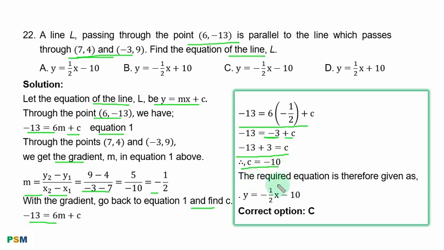The required equation is therefore given as y equal to, the gradient is minus 1 over 2, times x minus the intercept on the y-axis, c equal to minus 10, and you have it in this form. The correct option is C.